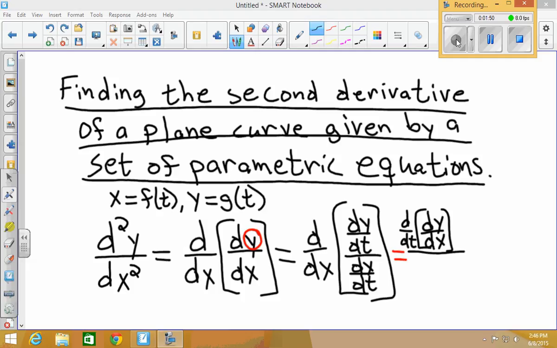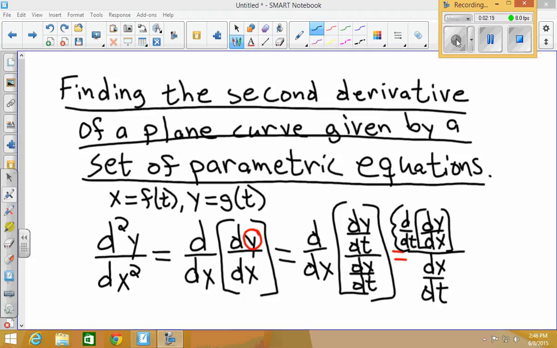That would be the second time that we're taking the derivative. And then we're actually dividing again by dx dt. So our second derivative of y with respect to x is the derivative of y with respect to x, taking the derivative with respect to t again, and then dividing by the derivative of x with respect to t again.